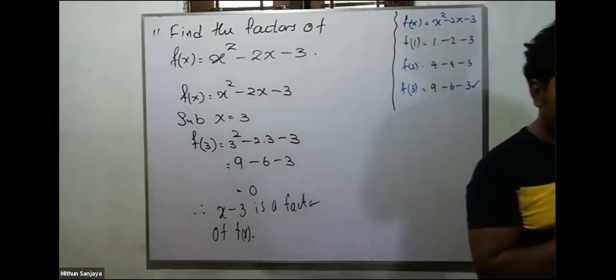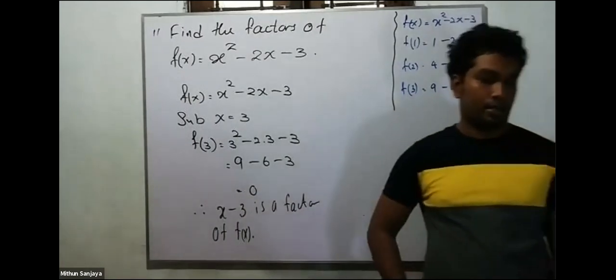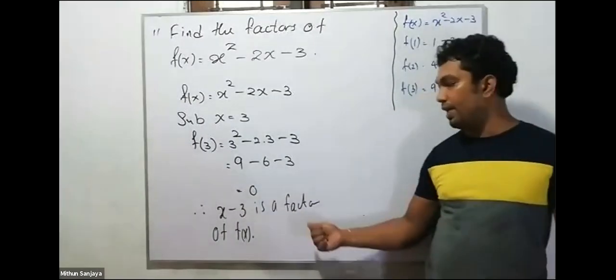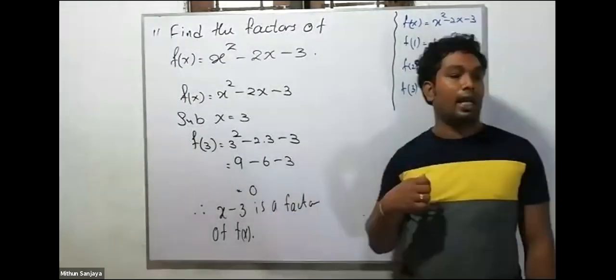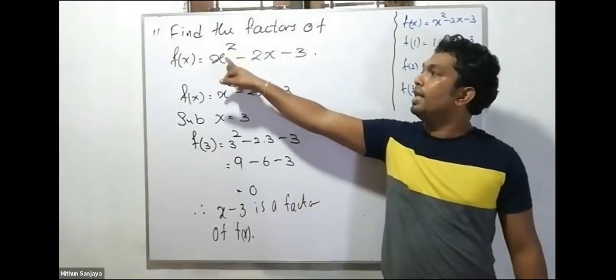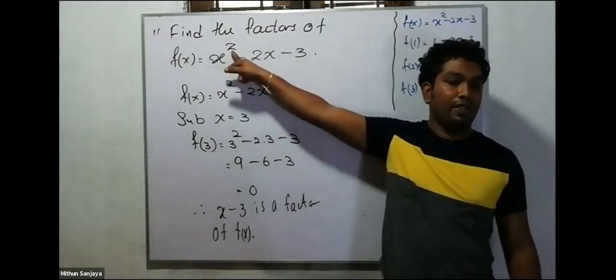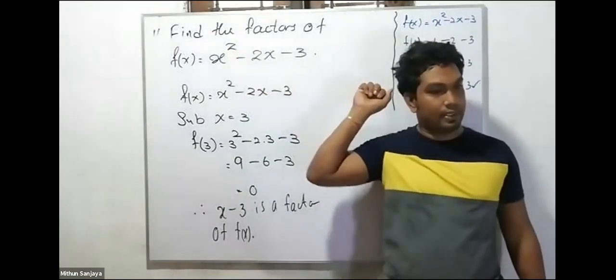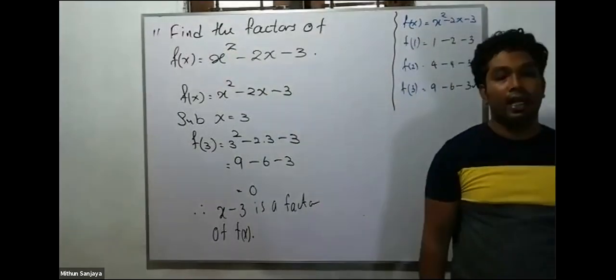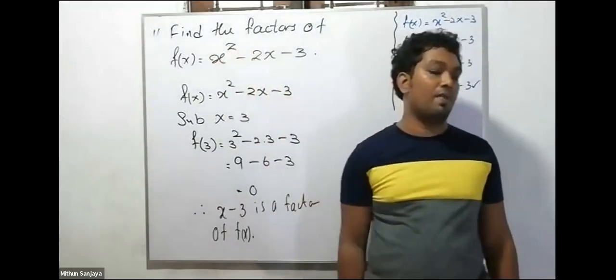Here it is quadratic, so the degree is 2. The degree is the highest power of x. So the number of factors is equal to the highest power, which is 2.